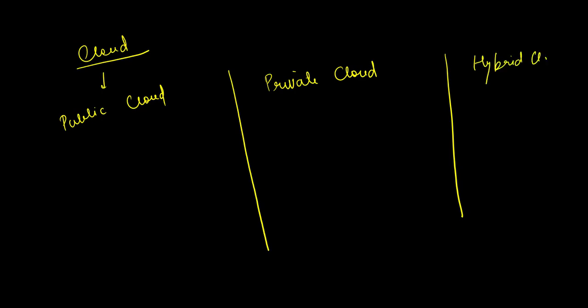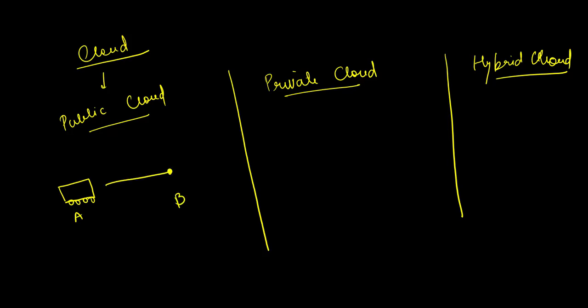Let me take a small example to make you understand, okay? So let's imagine in the case of a public cloud, you want to travel from location A to location B, okay? But just imagine that you want to go 10 kilometers. So, are you going to buy a car for that if you don't have a car?